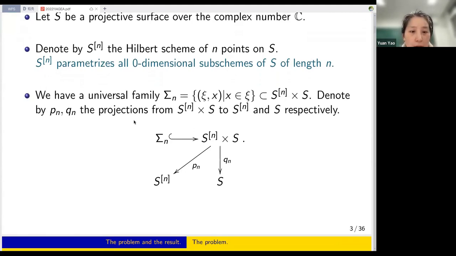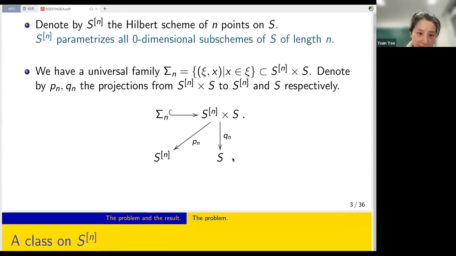We denote by P_n and Q_n the two projections, and the universal family is a closed subscheme of S^[n] times S. These are all well-known facts, I think.